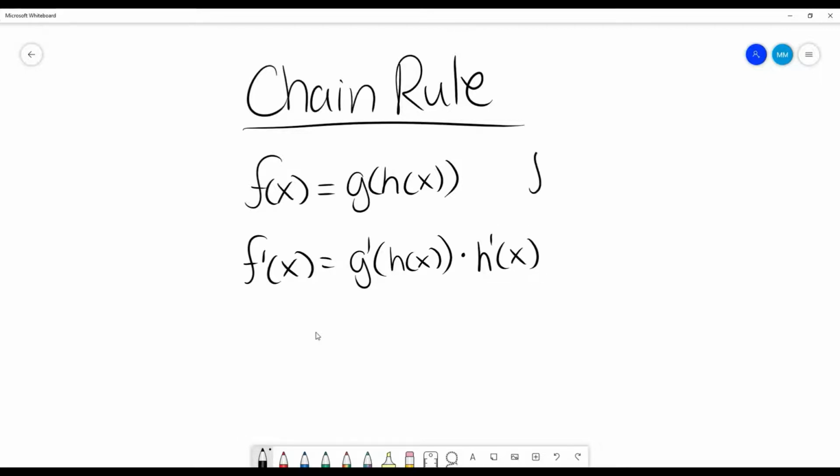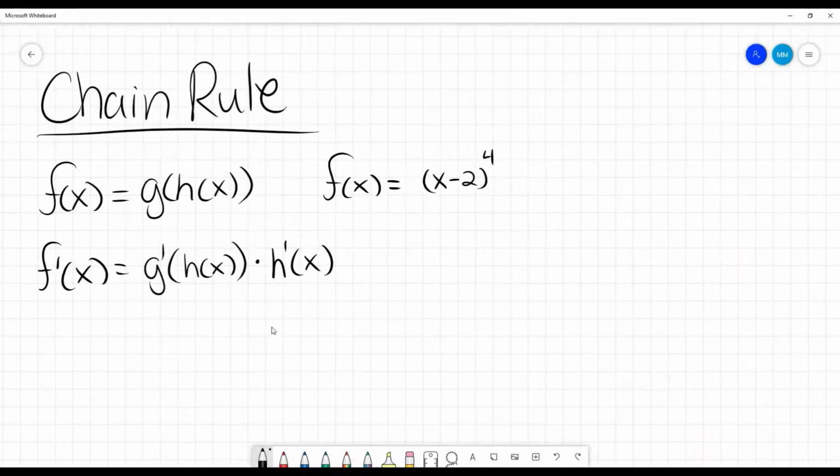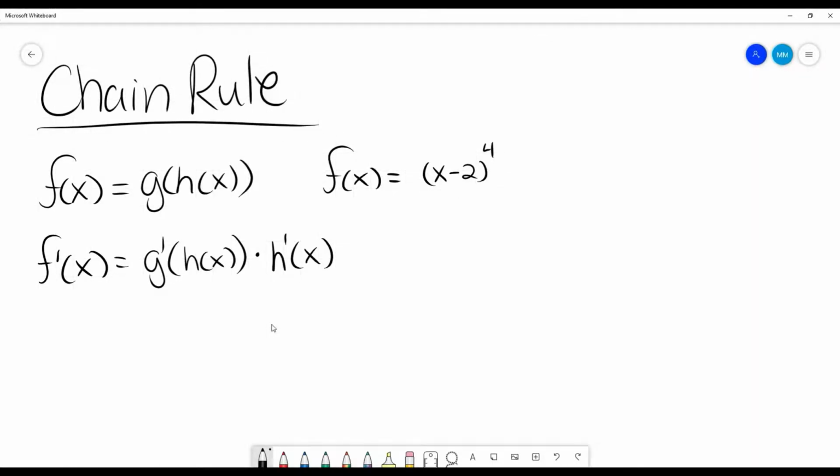A good example of this is maybe I've got f of x equals, maybe I've got x minus 2 to the 4th, right? I could like FOIL that out, distribute that, multiply it, and then use my like sum rule and whatnot. But we could also just use chain rule here. In this case, our outside term is something to the 4th. So I'm going to write that as u to the 4th.